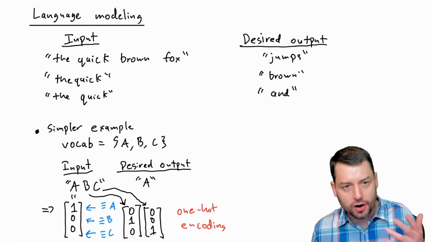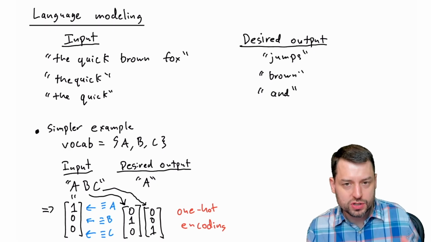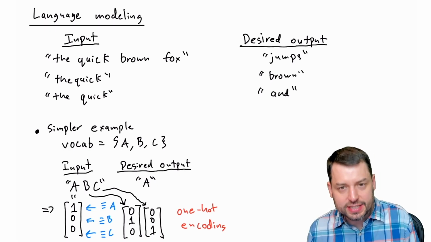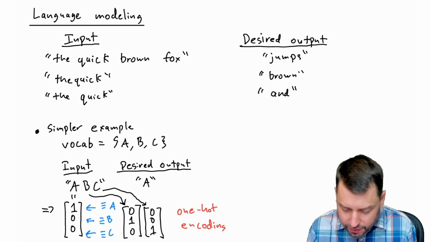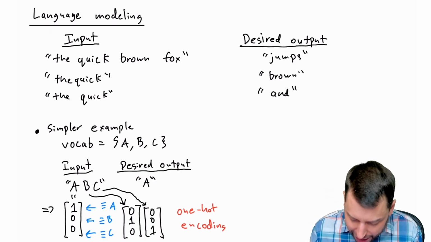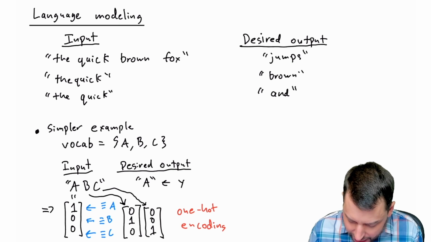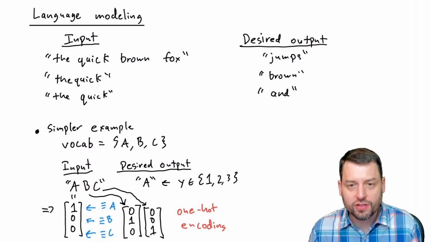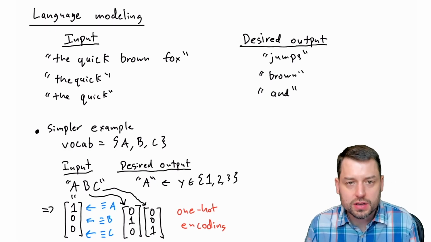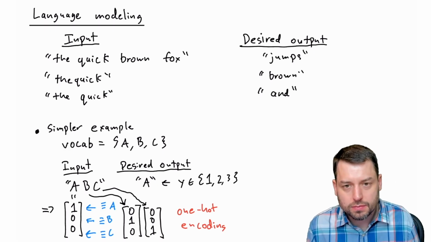So keeping with our convention that inputs are vectors and outputs are just indices of what the desired output is, this desired output here, and I'll even call this Y, will just be in the set of 0, 1, 2, and 3. And in this case, the A would just correspond to the number 1 here.